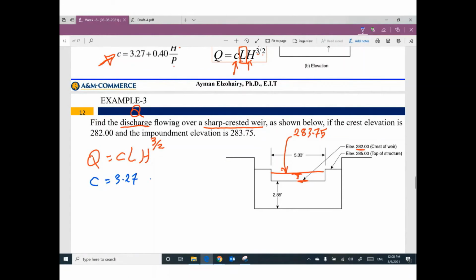C is 3.27 plus 0.4 H divided by P. What is the value of H? The difference between the top surface of the weir and the water level: 283.75 minus 282, it will be 1.75 feet. What is the value of P? What is the height of this weir?